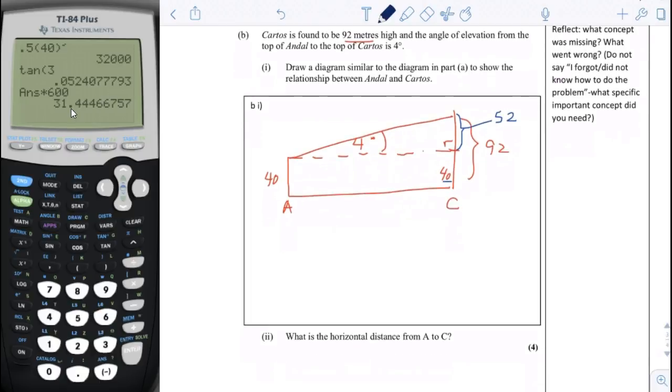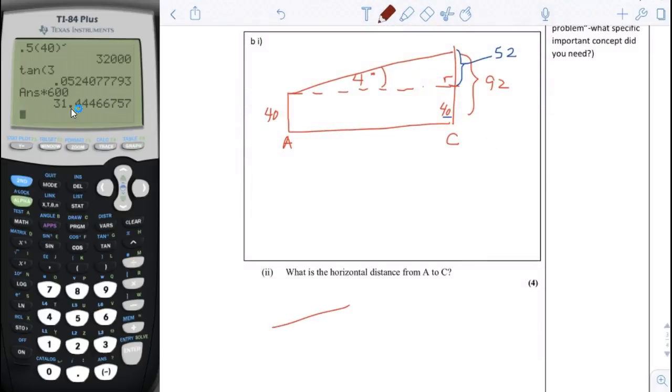And then it says, what is the horizontal distance from A to C? So we need to find the bottom leg of this triangle. We got 4 degrees here. We know that this part is 52, and we want to know this part. So we're going to use tangent again because tangent relates the opposite with the adjacent.